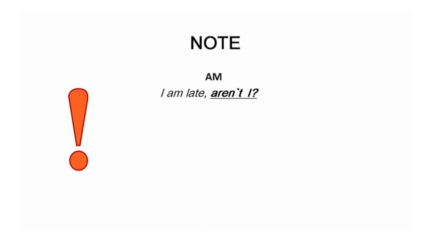It may sound strange or incorrect, but remember, whenever we have am in the sentence, we will have aren't in the question tag. With imperatives, here is the example. Go there, will you? So will you is the correct question tag for imperatives.